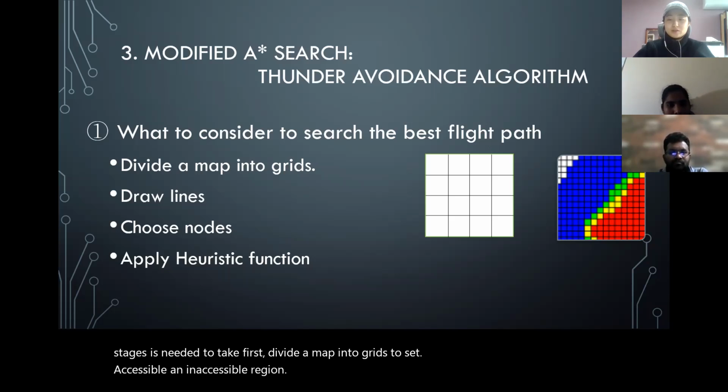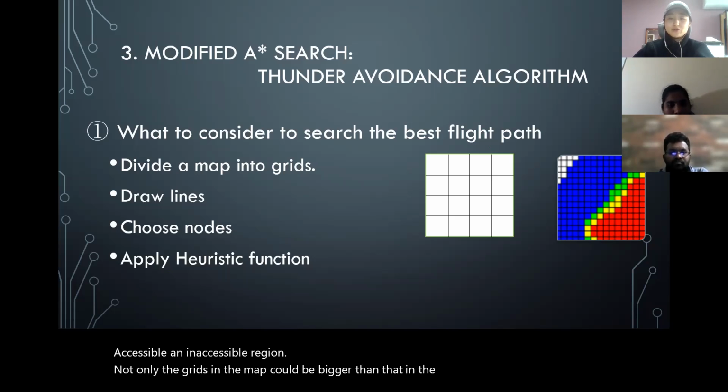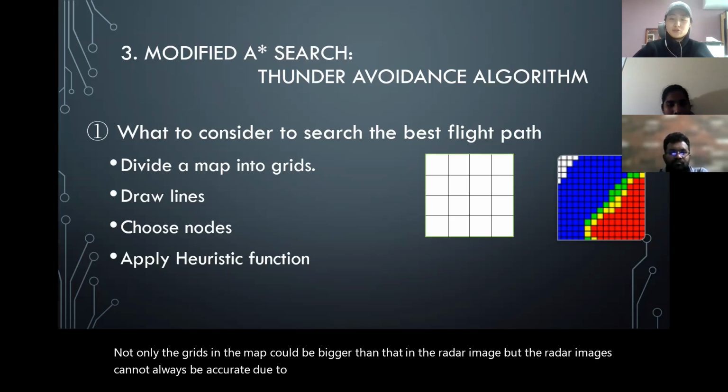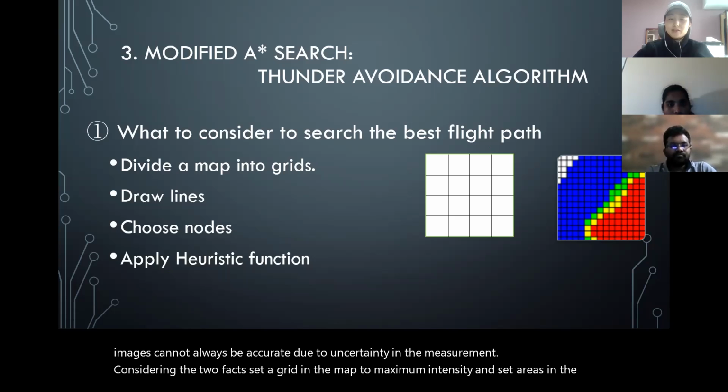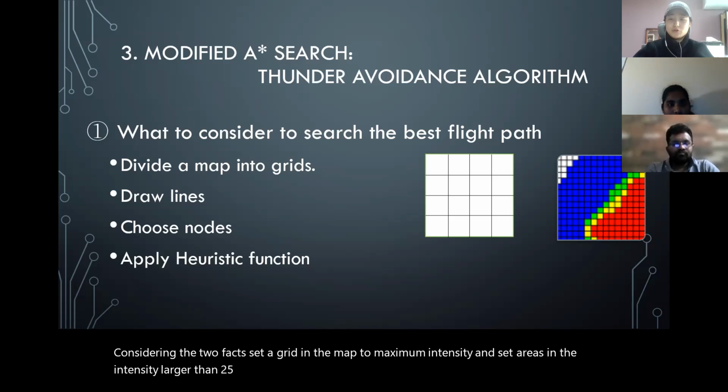Not only could the grids in the map be bigger than those in the radar image, but the radar images cannot always be accurate due to uncertainty in the measurement. Considering these two facts, set a grid in the map to maximum intensity and set areas with intensity larger than 25 dBZ as inaccessible zones.